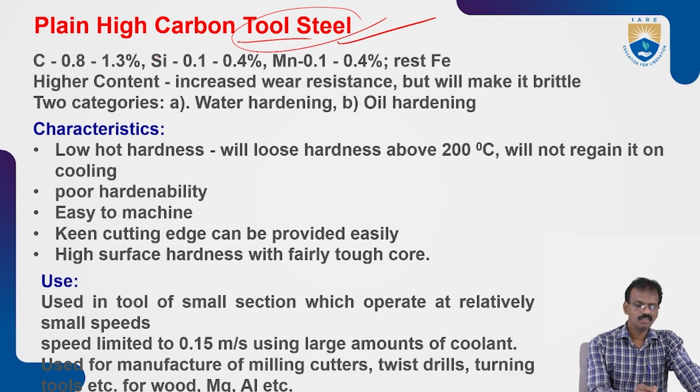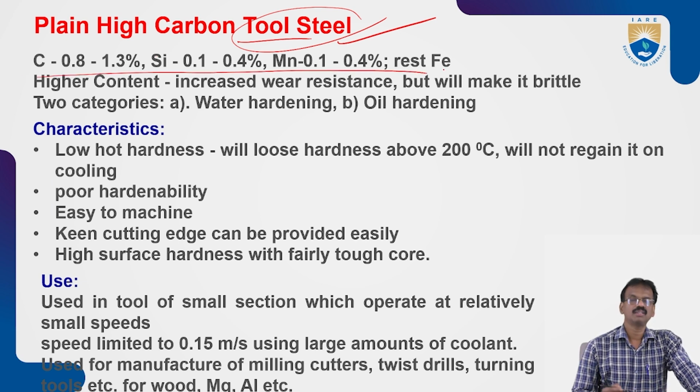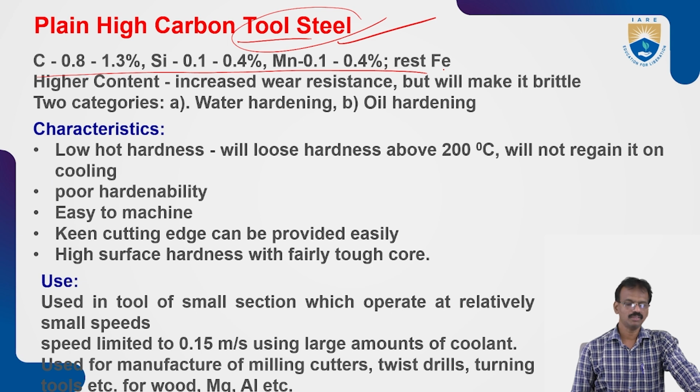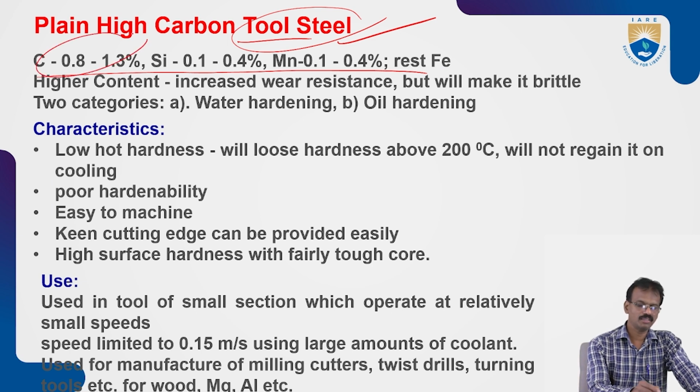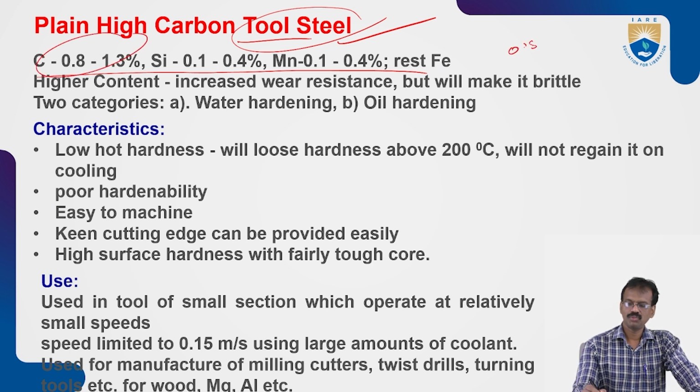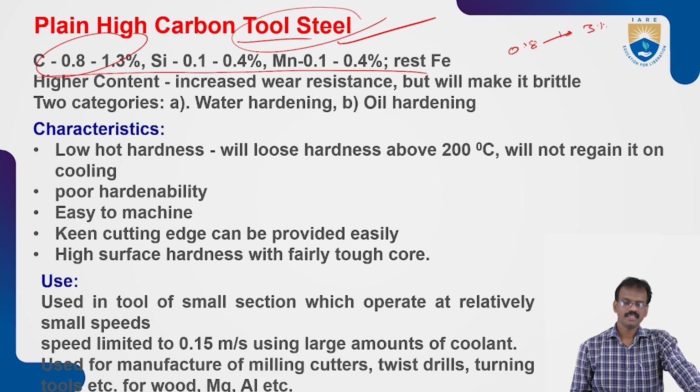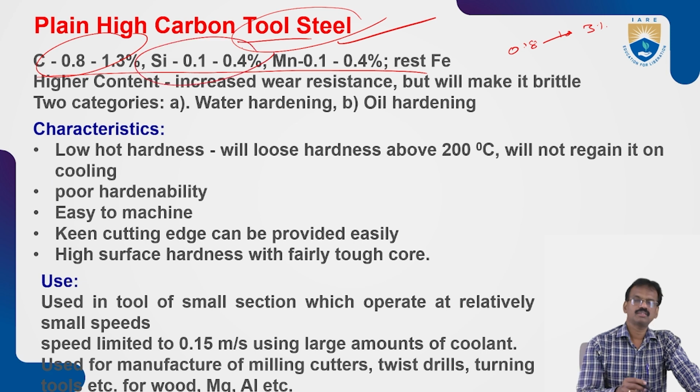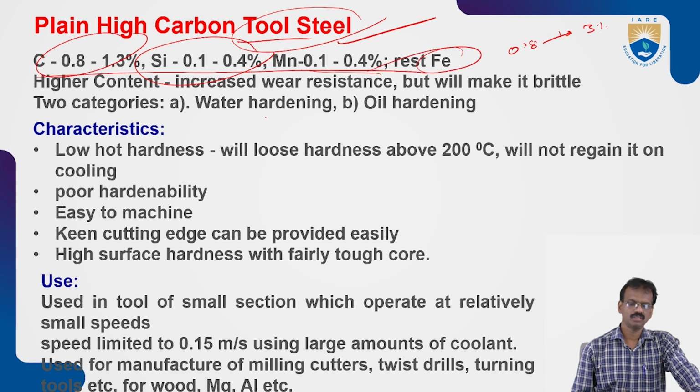We'll see the composition. In high carbon tool steels, the carbon percentage varies from 0.8 to 3 percent. Silicon is 0.1 to 0.4. Manganese is 0.1 to 0.4. The rest is ferrous. So this is a ferrous material.